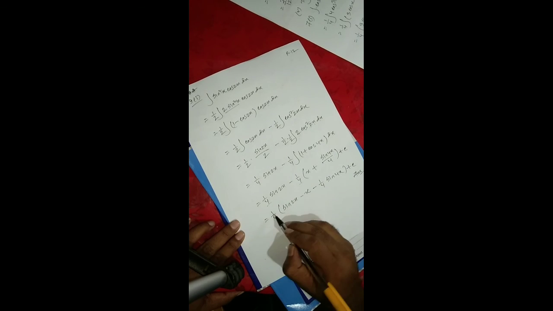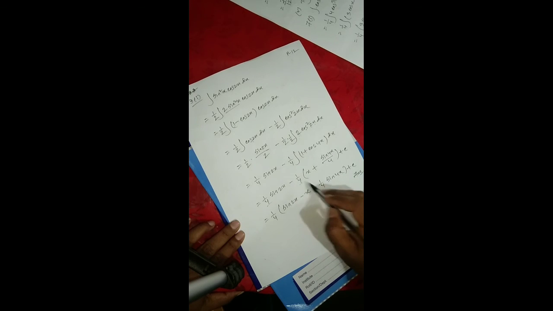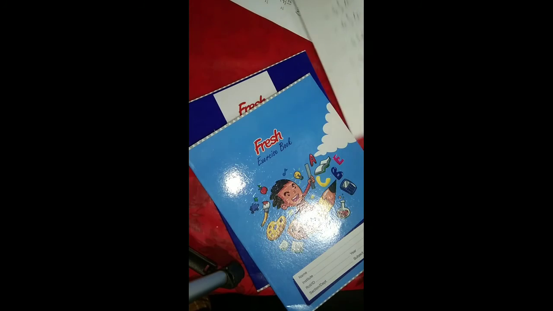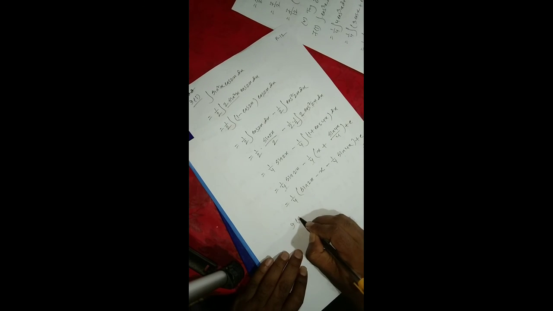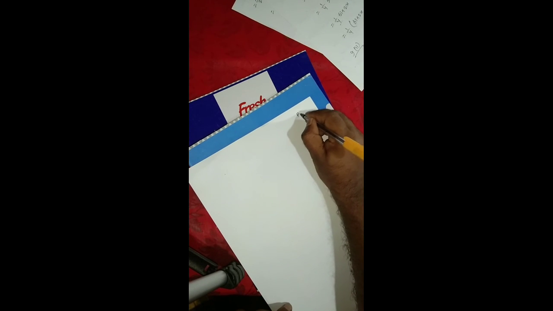This 1 by 4 is a common term. Sine 2x minus x minus 1 by 4 sine 4x. Now page 13. And question number 9 to try yourself.